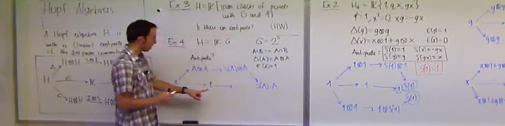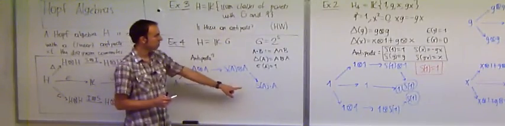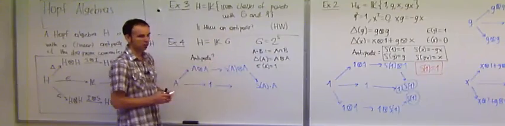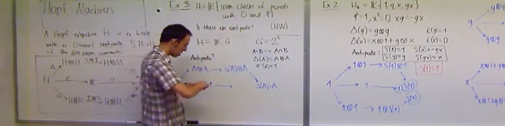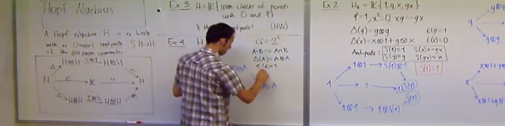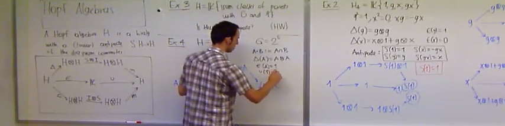And then the element 1 of the field goes to the 1 of the monoid. So let me write it like this: U of 1 is equal to the 1 of the monoid.